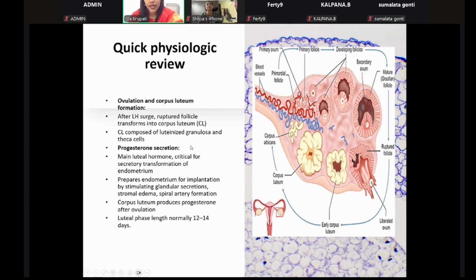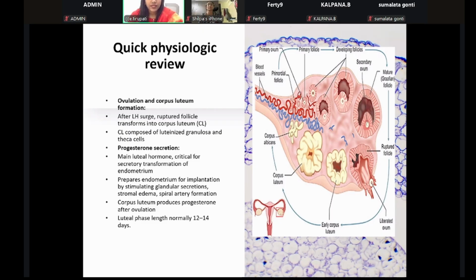If pregnancy happens, the corpus luteum continues to secrete progesterone. Otherwise, it becomes corpus albicans and degenerates. The main function of the corpus luteum is to secrete progesterone, the main luteal hormone, which is critical for the secretory transformation of the endometrium.